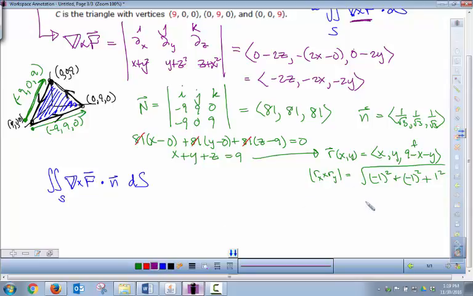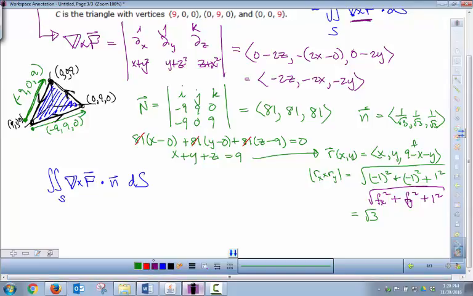Remember that? So that's your surface area component. In this case, it's just square root of 3, right? All right, so that's going to be our dS.